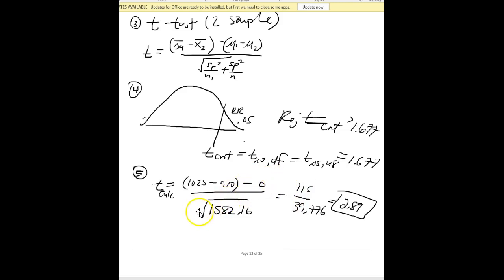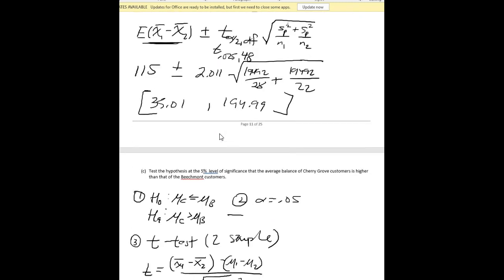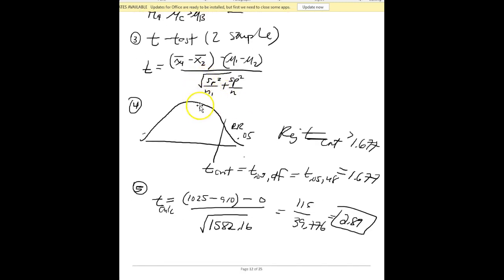And then divided by the square root of 1582.16, that's the square root of sp squared over n1 plus sp squared over n2. I got this just from us doing the last problem, and I had that in my notes. So as you're following along, whatever you got for this term from the last problem, you can then use that in here.